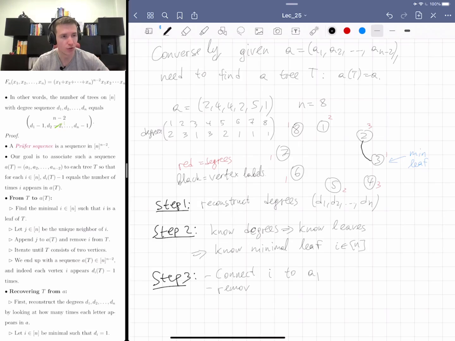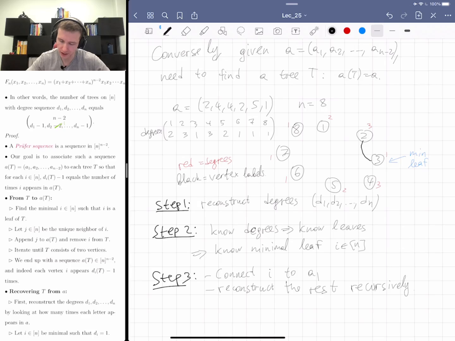Then what you do is basically reconstruct the rest recursively. What does this mean?